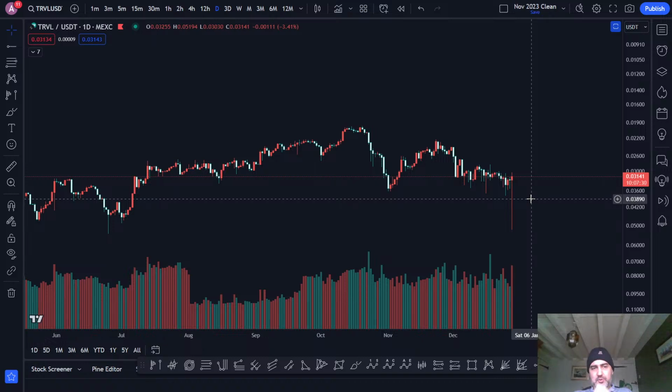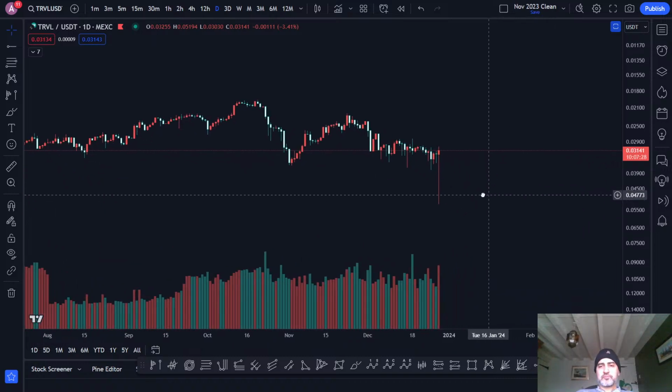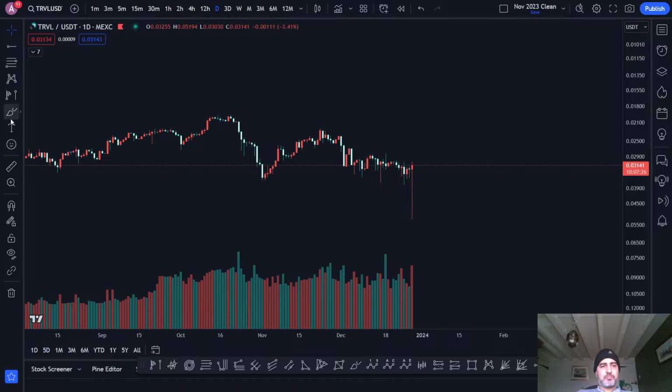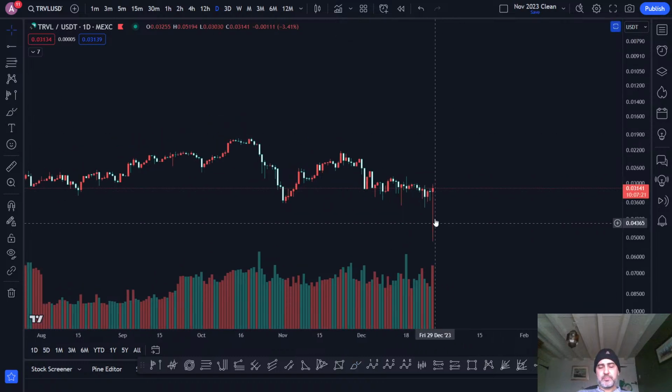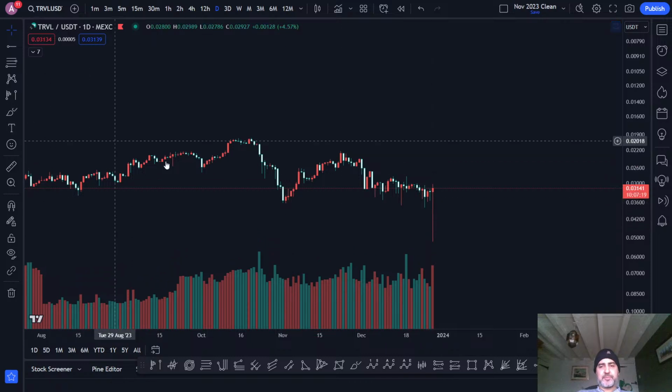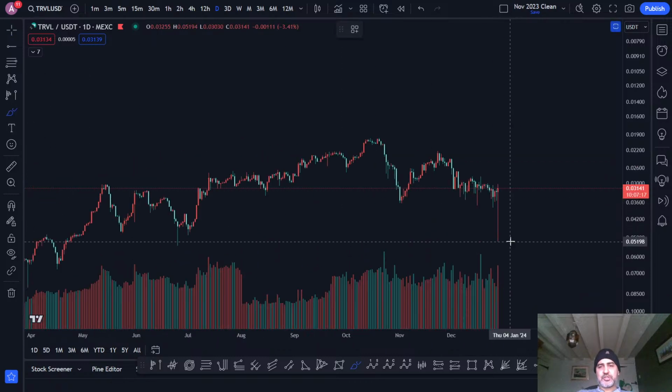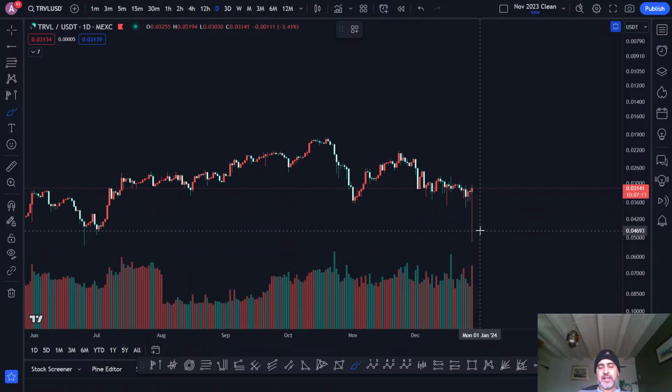So what do the bears need to do now to continue this moment of glory for the bears? The bears have managed to sell into the price expansion, right?